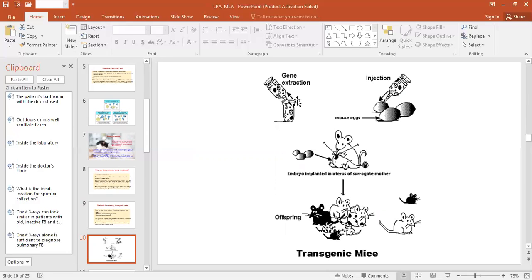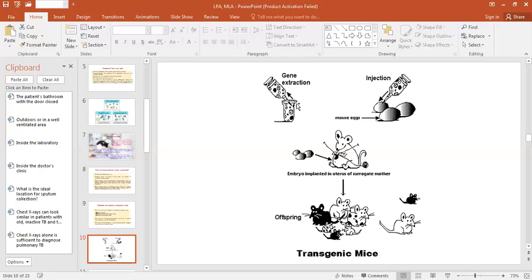The foreign DNA integrates into the genome at a random position, usually after the first one or two cell divisions have occurred. This means that the mouse will not carry transgenic DNA in all of its cells, and so will only be partially transgenic. The transgenic eggs or sperm from these mice are then used to create the next generation of fully transgenic mice.